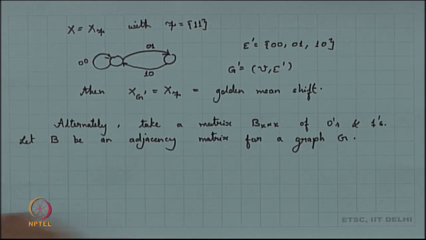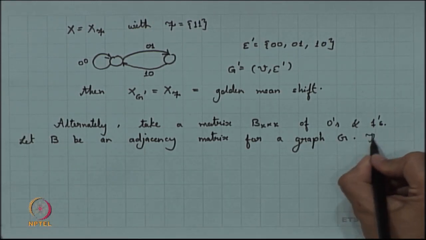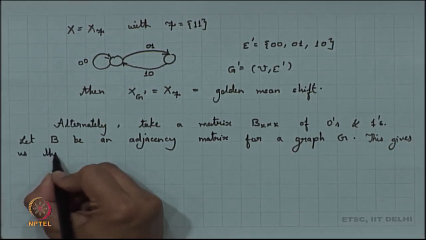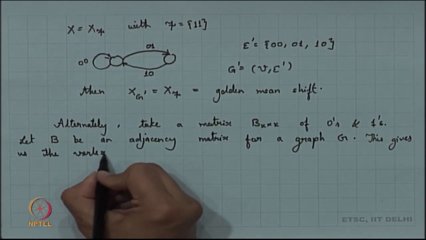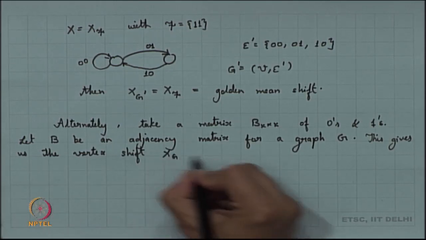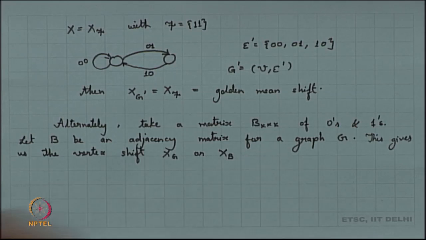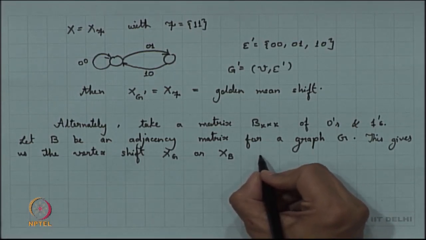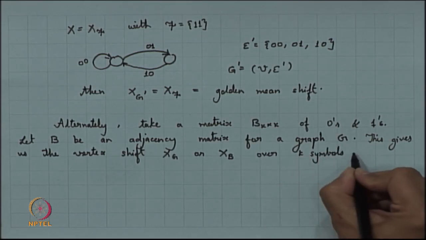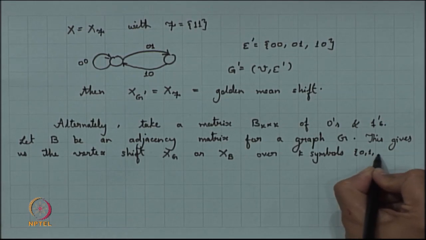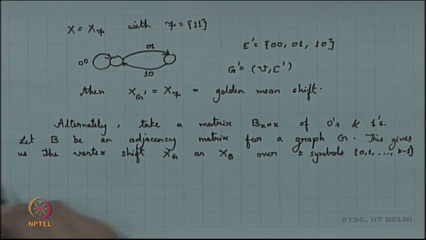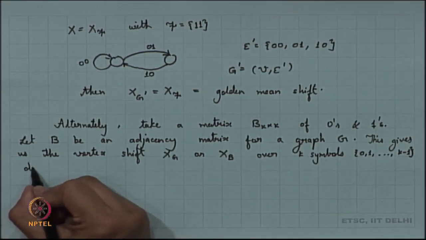Now, we can think that this gives us the vertex shift, which we can call X_G or X_B, given over the k symbols. We can think of the k symbols as 0, 1, up to k minus 1.